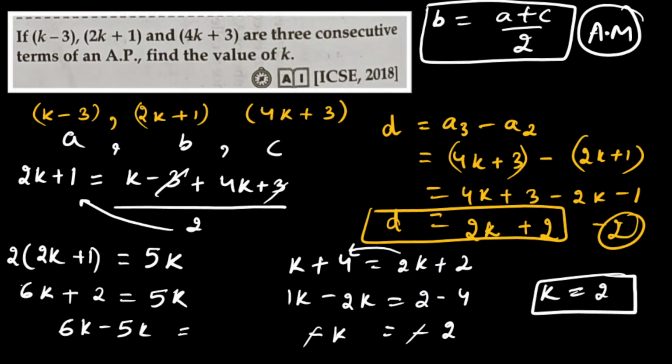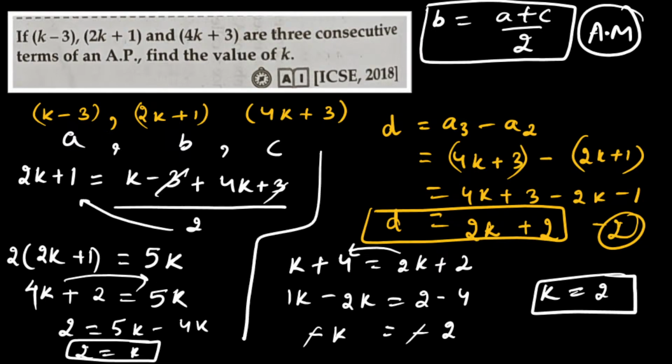Okay, this is 4K, not 6K, because 2 into 2 is 4. So 4K plus 2 is equals to 5K. If I shift to the other side, it will be 5K minus 4K. So we got the value of K is equals to 2 also, the same value as here.